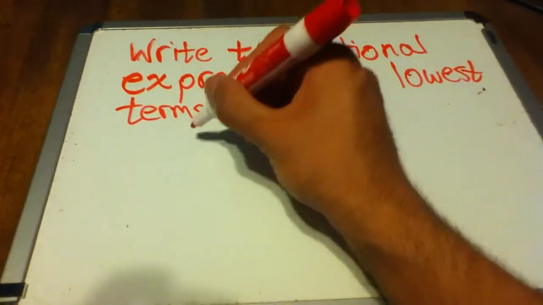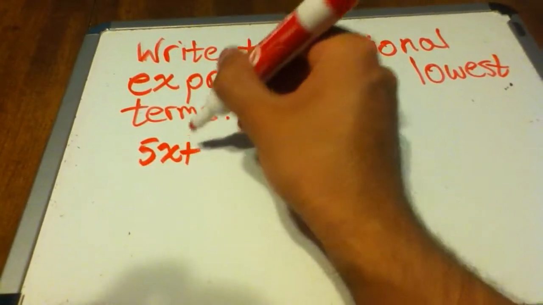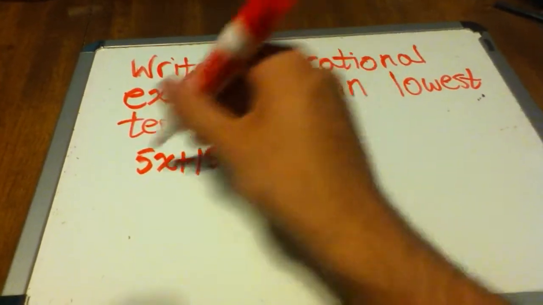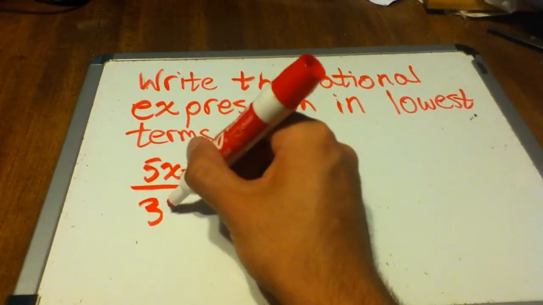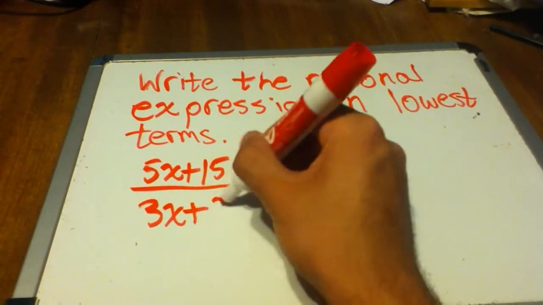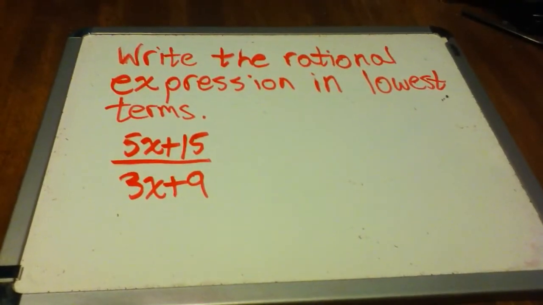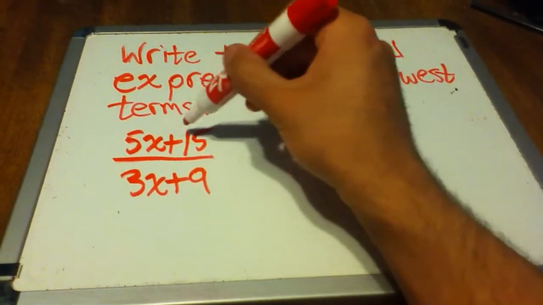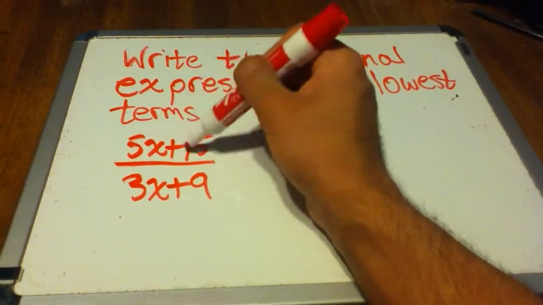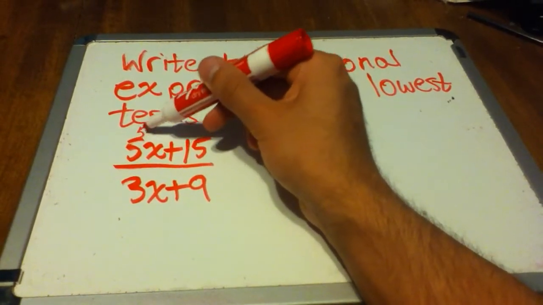So for instance, if I had something like 5x plus 15 divided by, I don't know, 3x plus 9, and it says write the rational expression in lowest terms, I look at my numerator, my top polynomial, and see what we have in common.